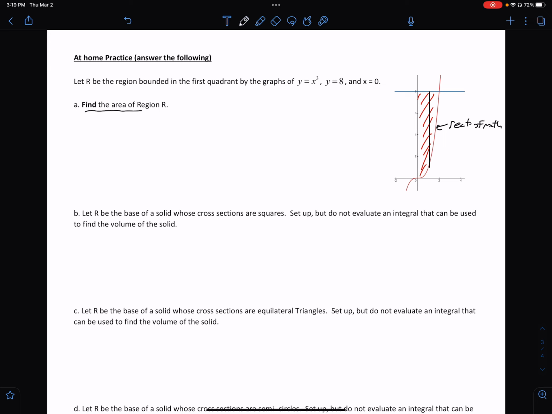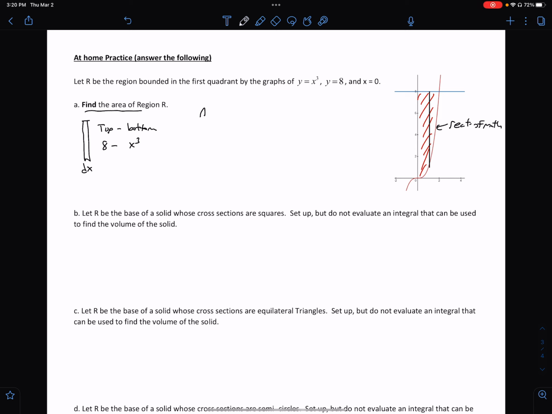Now, if I draw that out over here, the skinny part's going to be dx. We are vertical, so we're going to be in terms of x. So top minus bottom. The top is our line up here, which is just y equals 8. The bottom of our rectangle is our cubic function, y equals x cubed. I'm going to put that in there too.